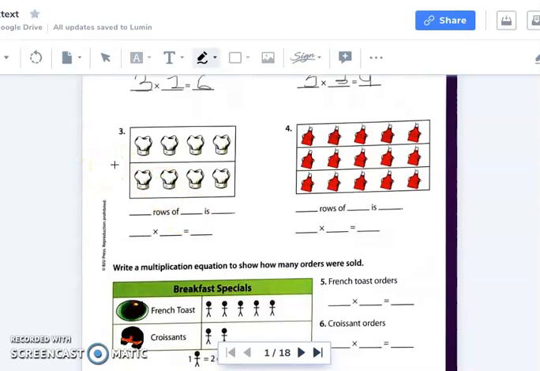We have here, instead of sets, we are now going to use rows. So how many rows do you see in number 3?